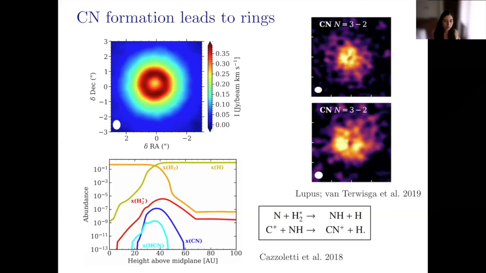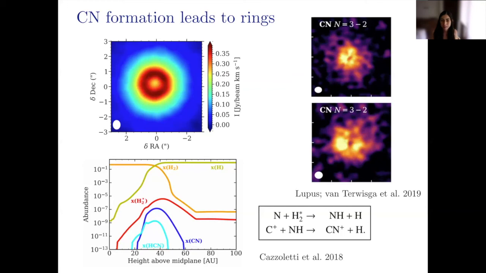But also what they found is that when you look at the column densities, the height of the column density, you see that HCN is actually coming from deeper layers compared to CN. And also from an independent analysis that we are doing now with MAPS, which is a large program with ALMA, we're finding that the excitation temperatures of CN are actually higher than the excitation temperatures that we find for HCN.